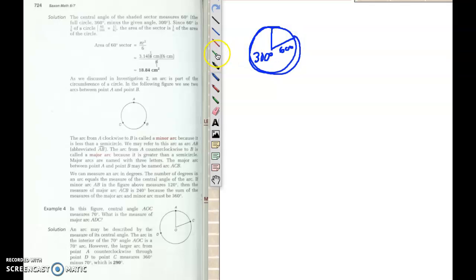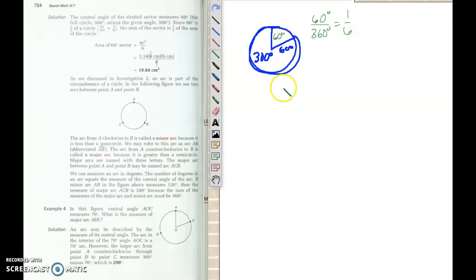That means that this angle right here is going to be 60 degrees, right? So 60 degrees is 1/6 of a circle. 60 degrees out of 360 degrees represents 1/6. So the shaded area is 1/6 of a circle.